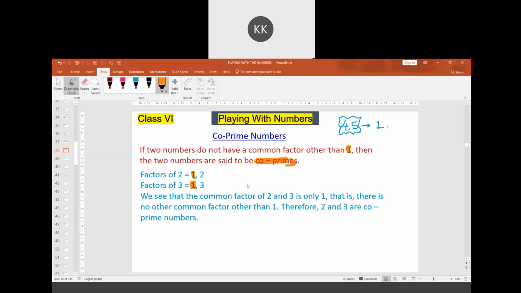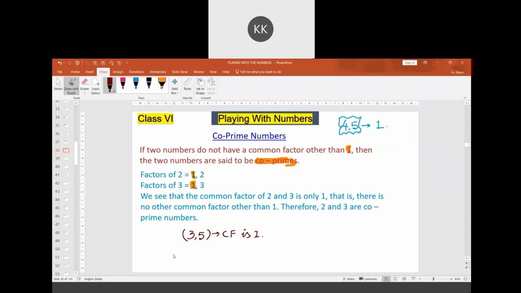Therefore, 2 and 3 are co-prime numbers. If you take two prime numbers, say for example 3 and 5, they have the common factor as 1. I'll write the common factor as CF. The common factor is 1. So 3 and 5 are also co-prime numbers.